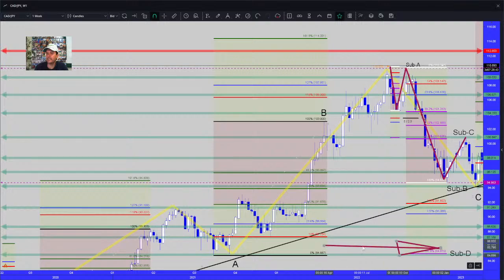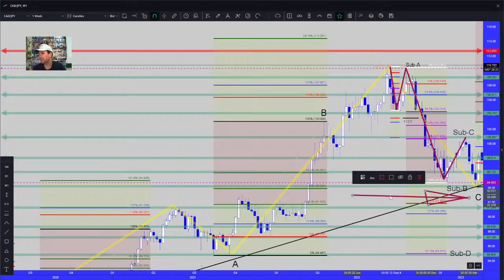Meaning, was the sub D below the capital A of the original Fibonacci, yes or no? If the sub D is below the A, this would make this C a confirmed C. If the sub D is above the capital A, this would make this C not a confirmed C. Is the C confirmed, yes or no?